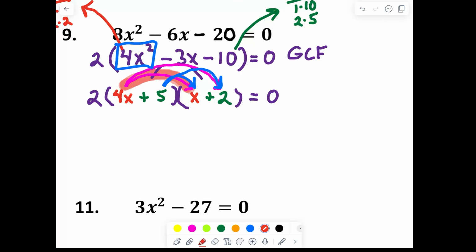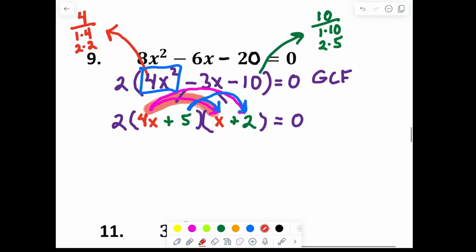The only way that I am going to get to this x squared term here, because this is what I'm factoring right now, is by multiplying those first terms on those two binomial factors. Multiplying the 4x and the x, that's going to give me an x squared.